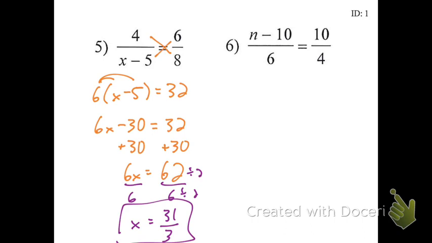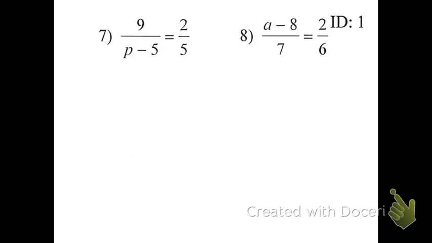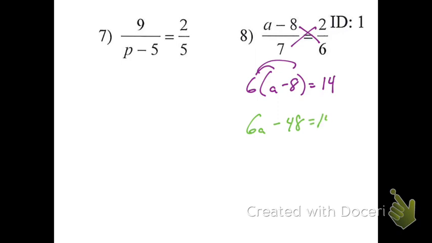All right. So next up, let me jump to number 8 here. I'm going to do these two. So 6 times a minus 8 is equal to 2 times 7, which is 14. So I distribute the 6 now, and you're going to end up with 6a minus 48 is equal to 14.